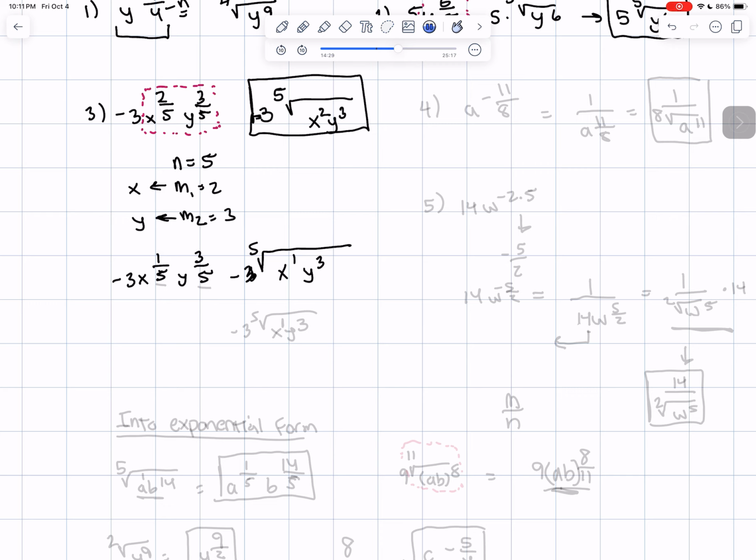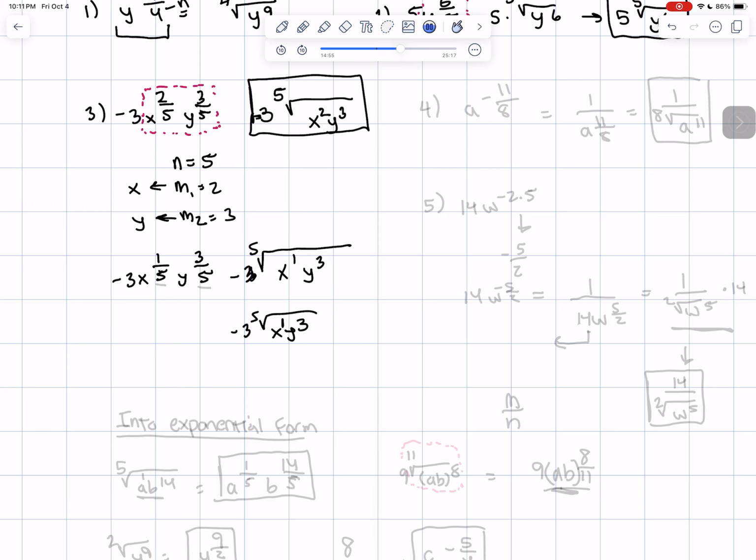You technically don't have to put the 1, because if it's 1, you don't have to write it. But if you see a radical expression that's written like this, you have to understand that there's a 1 here. So just keep that in mind if you see a radical expression. We're going to see that in the next examples.